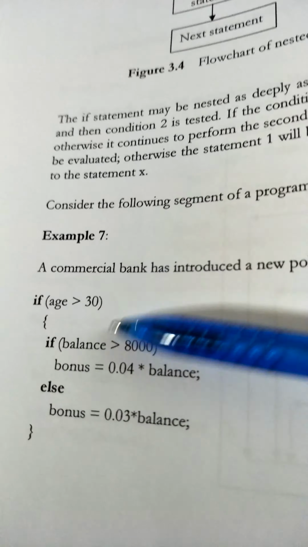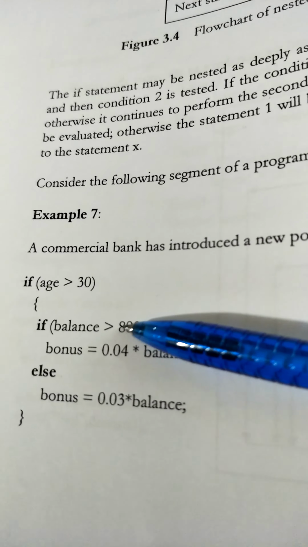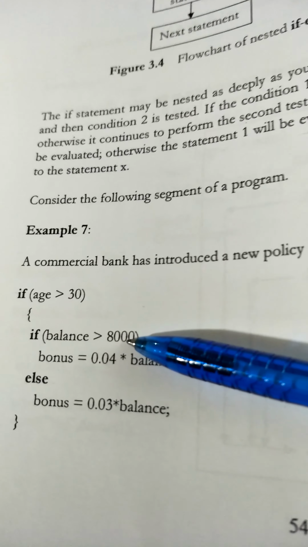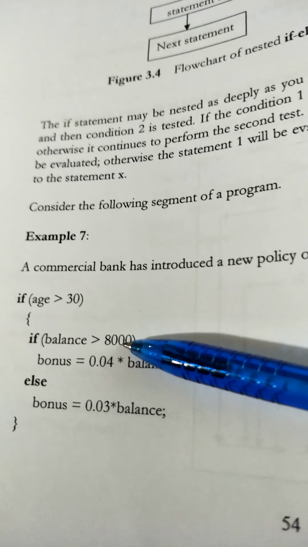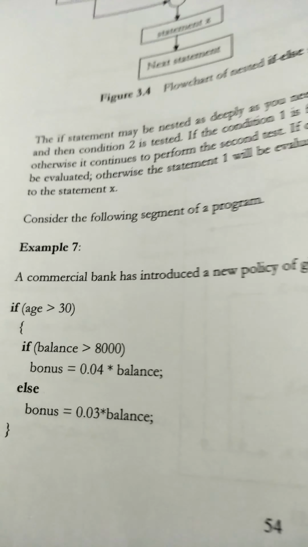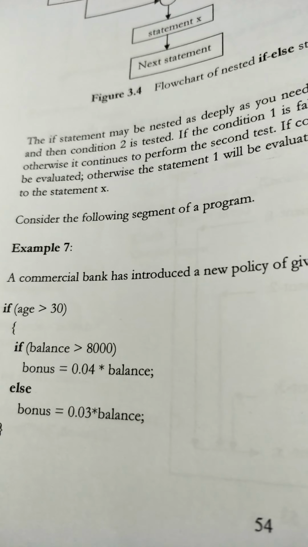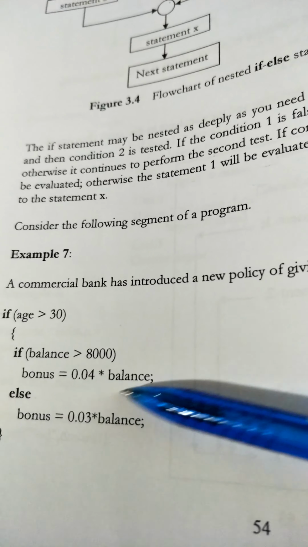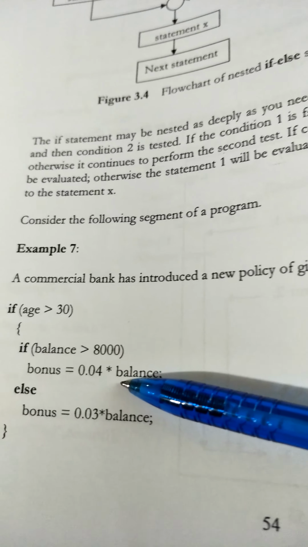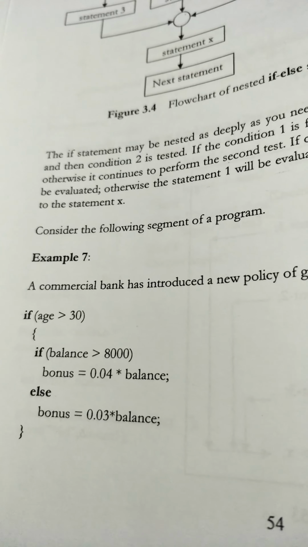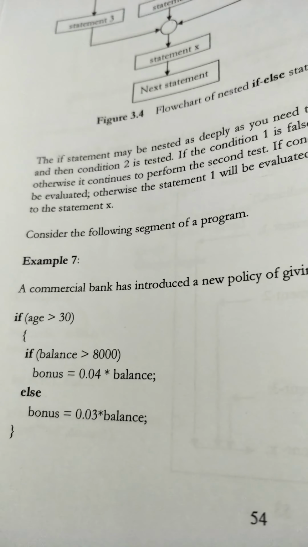And for the salary, if your balance of deposit is more than 8,000, we work out the bonus. If less than 8,000, you also have a bonus. So none of the category will be left out.